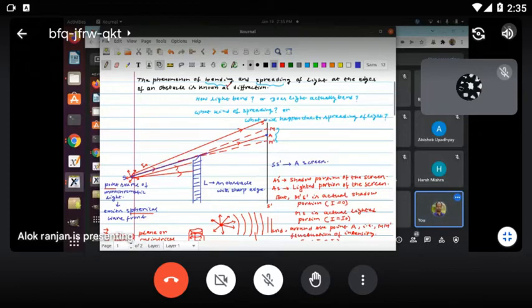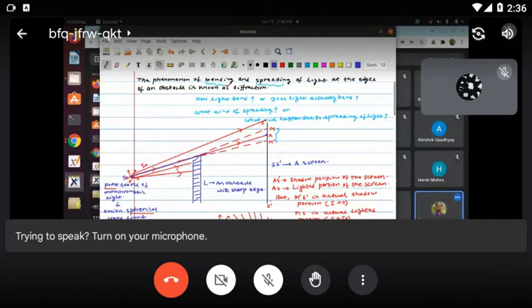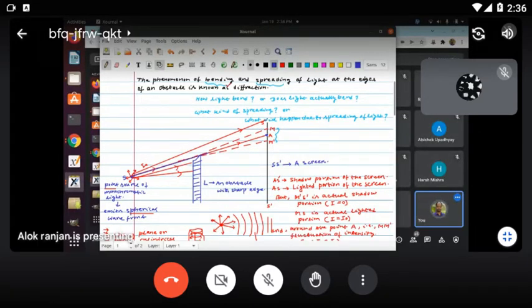Due to the geometry of an object, the shadow will appear accordingly. Since we are representing two dimensions, if you had three dimensions it would have some thickness, and accordingly you have shadow regions. So AS prime should be your shadow region, whereas from A upward it must be the lighted portion.